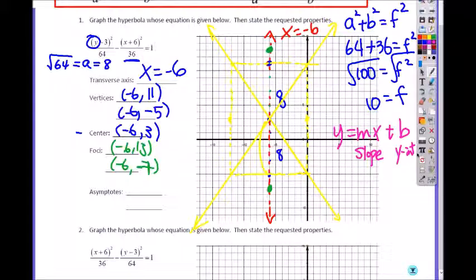So if I were to write an equation of this positive slope asymptote first, I'll start from the center to this corner right here. So I'm going up 8 and running 6, right? 8 over 6. What's 8 over 6 for slope? 4 over 3 when you simplify it. So it's y equals 4 over 3. And as you can notice, it will be a over b.